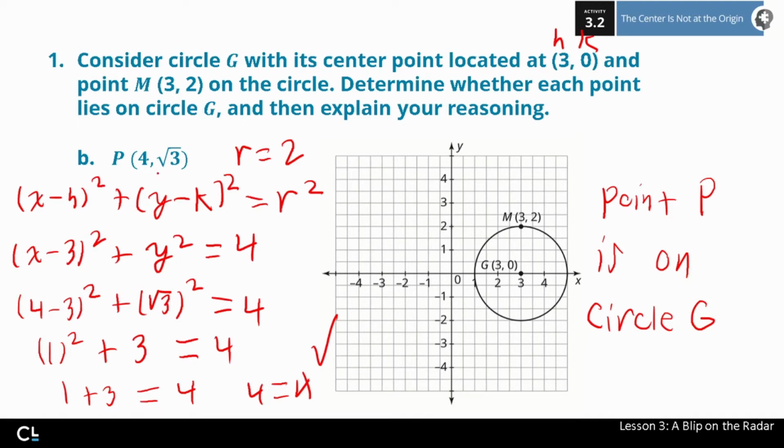That is a true statement. So once again, we wrote the equation of our circle, which we already knew from the last problem. I just rewrote it again to refresh our brain. And that's right here. Our equation of our circle is this second line. And then we plugged in our new values, the points for P, 4, radical 3. And then finally we solved and we got 4 equals 4.